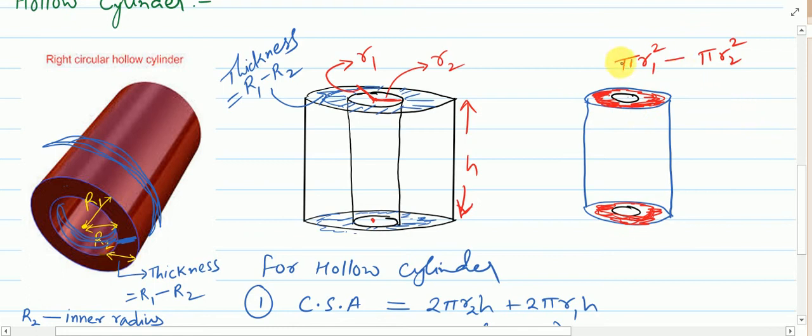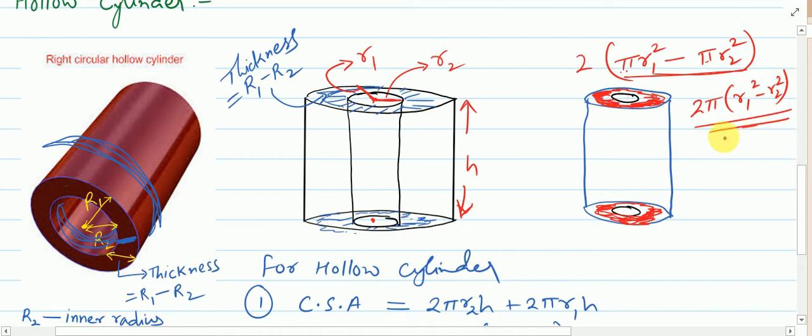But whatever we get for this shaded, we'll be getting same thing for here. So this will become 2 times, and here you see that pi will be common, so we'll get 2 pi r1 square minus r2 square. This area has to be added to the curved surface area.